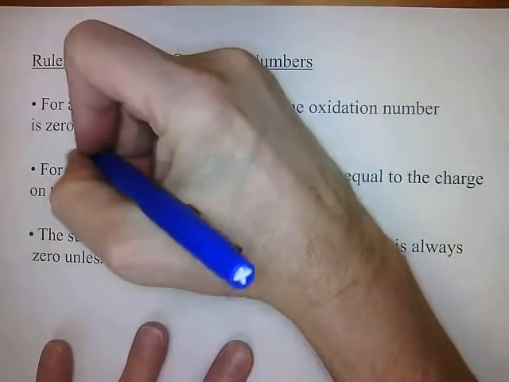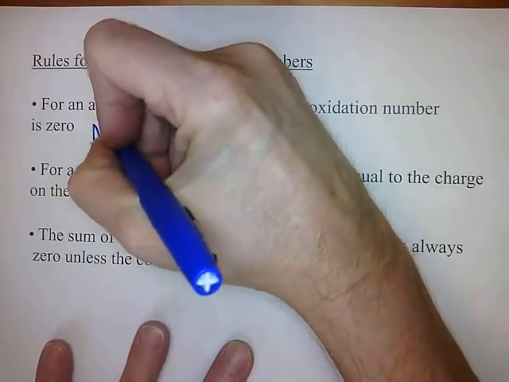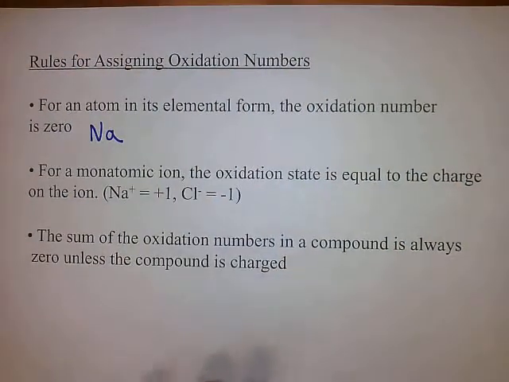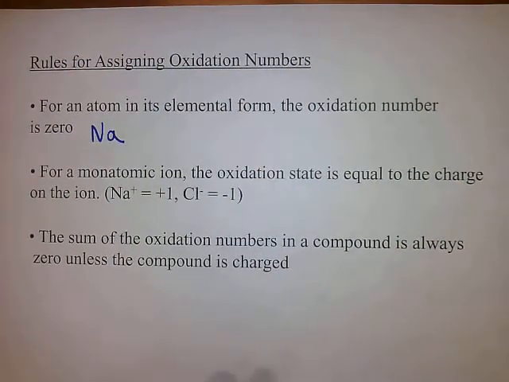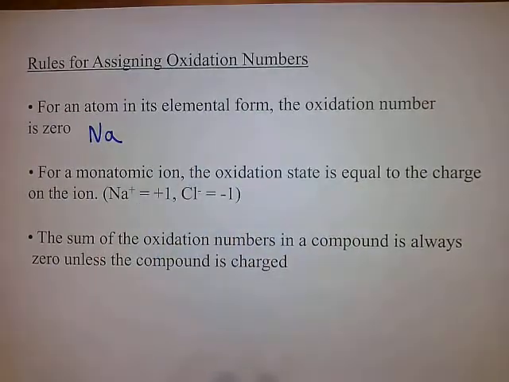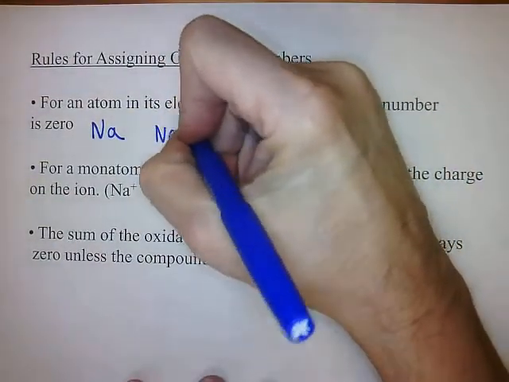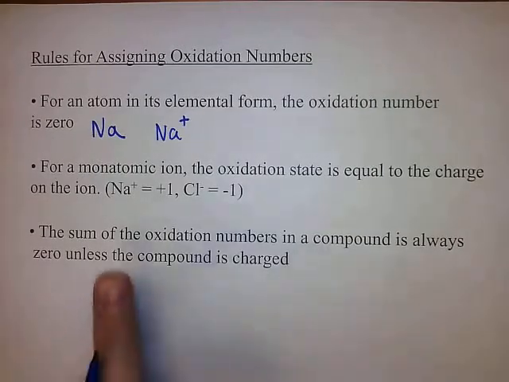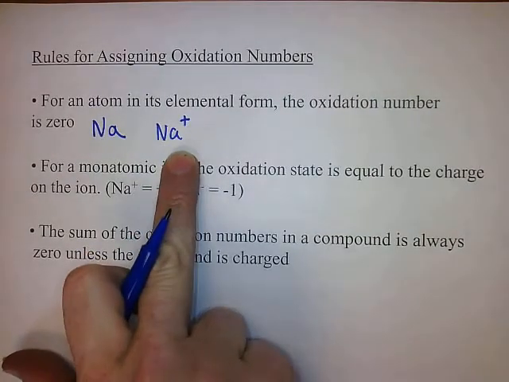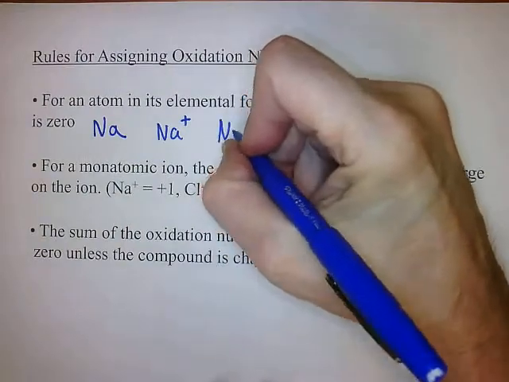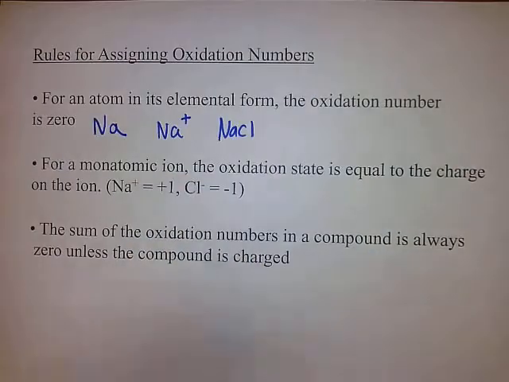So if you see, for example, Na by itself for sodium, that's elemental form for sodium. It's not carrying a charge, it's not part of a compound. Na+ is not elemental form for sodium because it carries a charge. And NaCl is not elemental form for sodium.